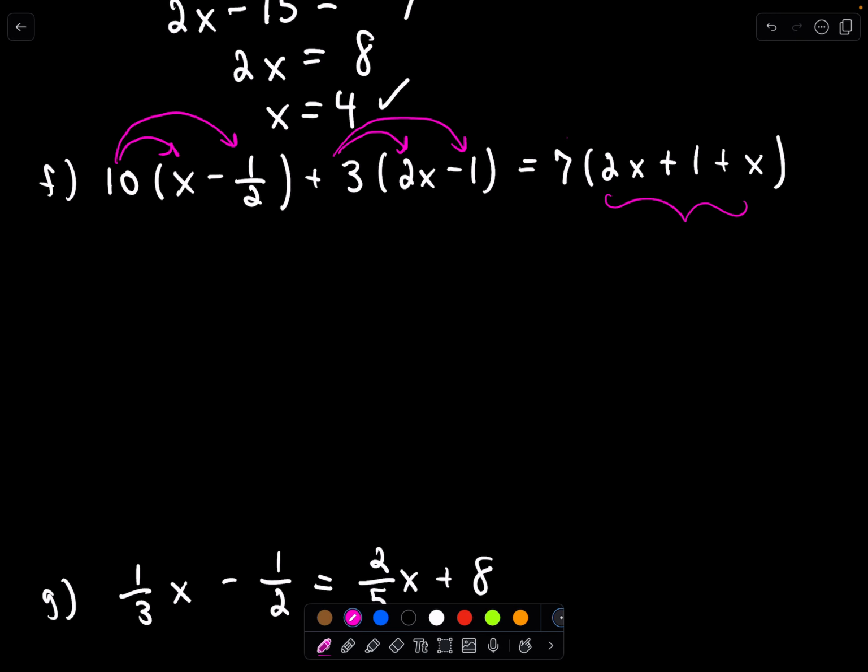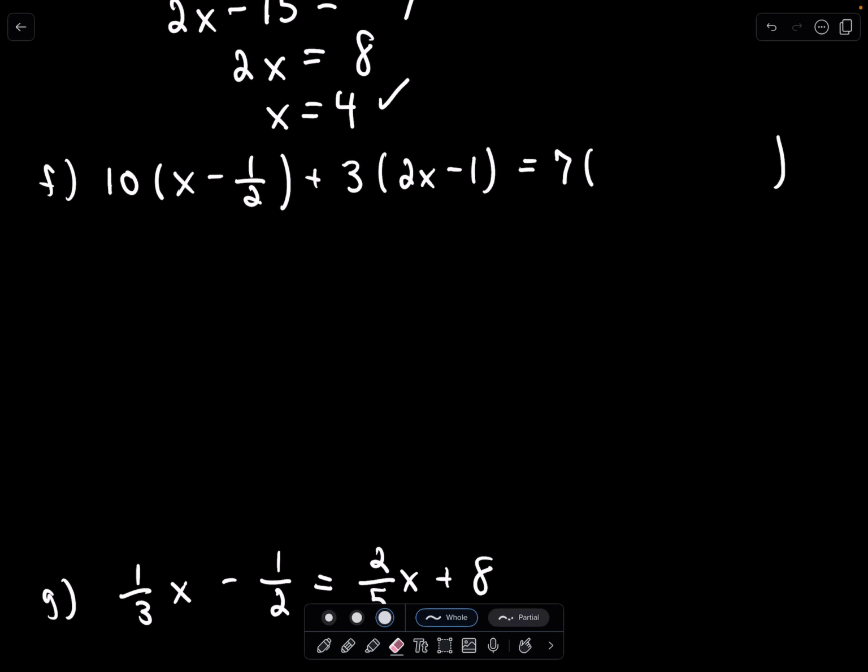You could go ahead and distribute immediately if you want to, or you could combine. Now, I would probably go ahead and combine those first just to speed things up. So I'm going to do a simplification here. Notice we have 2x plus 1 plus x. Well, if I combine those like terms, 2x plus x is going to leave me with 3x, and then I would still have the plus 1.